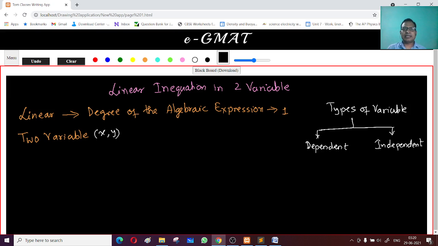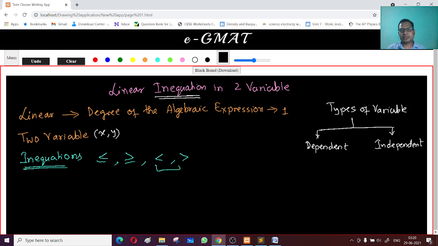Then there is a word which we say as inequation, right? So we are going to discuss inequations. Inequations basically involve expressions like this and this, strictly less than or strictly greater than.